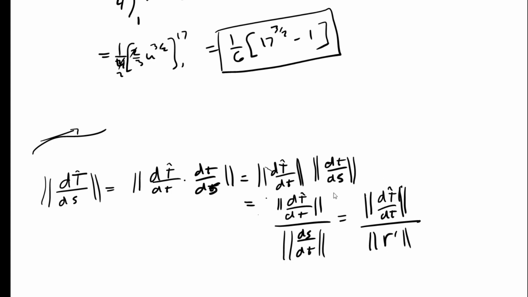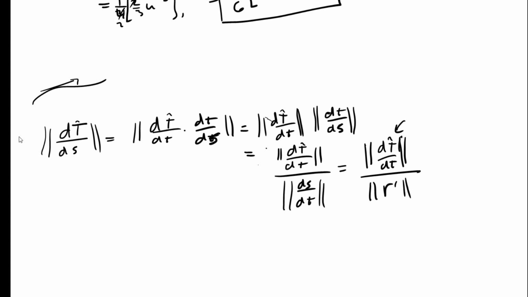Okay, so we need to do a couple things. First, we need to find the unit tangent vector, and then find the derivative of that. In the process, we'll find r prime, and we need to find the norm of that. This was the curvature. So real quick, notice I started from the definition, right?